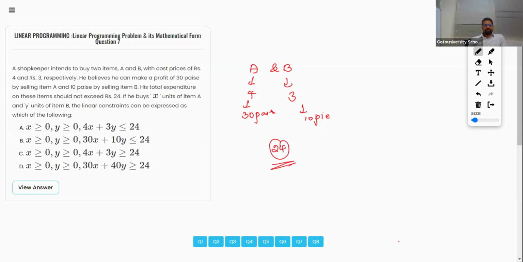As it is in paise, we will write it in paise only. Let x be the number of items of A purchased, and y the number of items of B purchased. So 24 is one of the constraints.